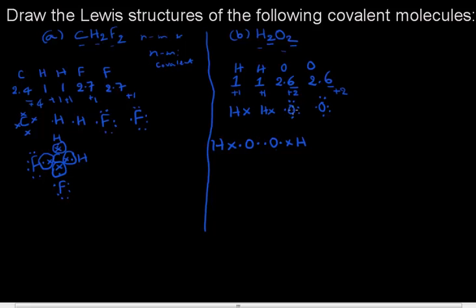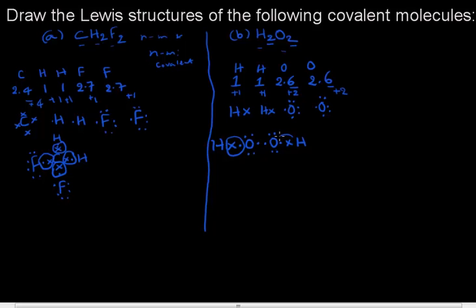So now oxygen had 6 valence electrons. Since 2 are given for sharing, there are 4 electrons remaining on oxygen. And this oxygen also originally had 6 valence electrons, and it gave 2 for sharing, so it now has 4 valence electrons.